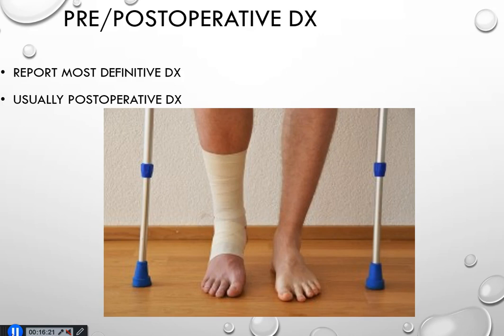And an example of that would be the patient has an EGD for upper gastrointestinal bleeding, and then that would be the preoperative diagnosis. The post-operative diagnosis is upper gastrointestinal bleeding, and they can't determine where that's coming from.